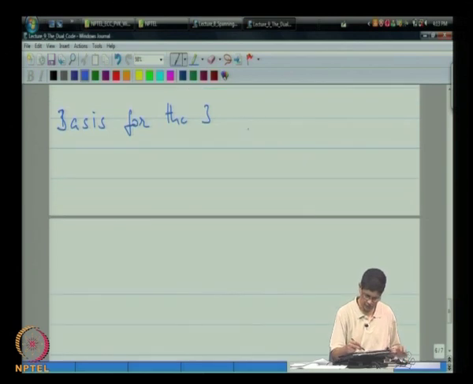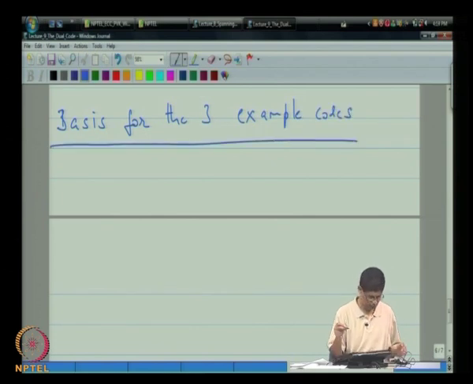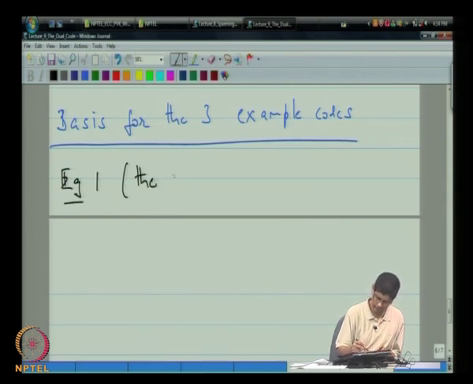For the three example codes, example 1, the repetition code.